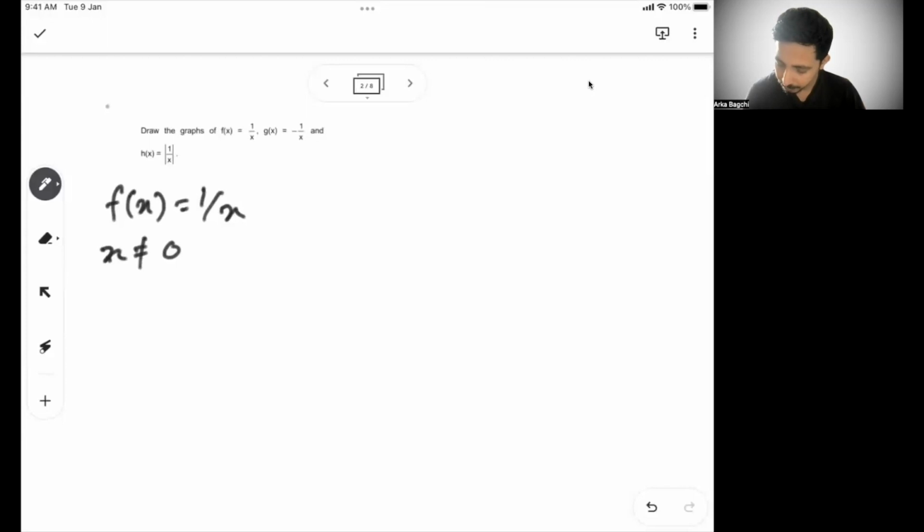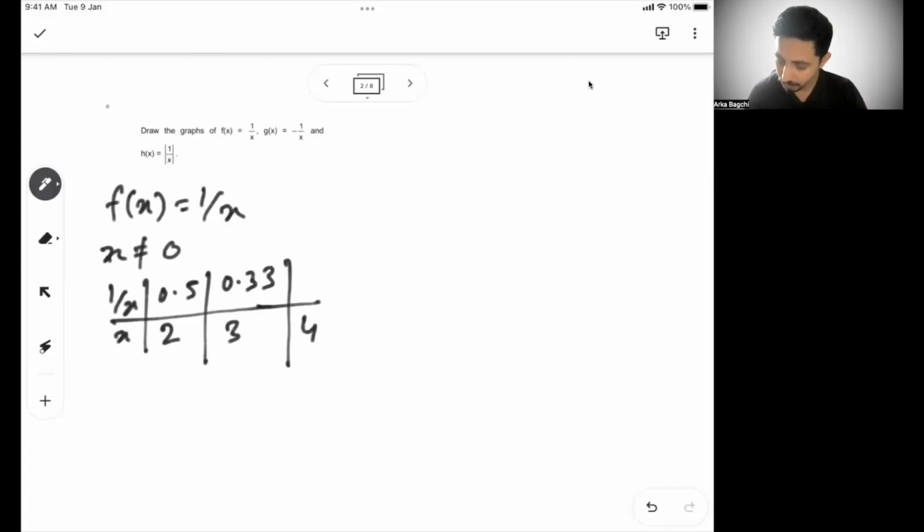Now, if you see 1/x and x, let's see how the behavior goes. If x is 2, 1/x is 0.5; x is 3, 1/x is 0.33; similarly, if x is 4, 1/x is 0.25; x is 5, 0.2. If you see these numbers, 0.5 to 0.33, the 1/x value is reducing slowly.